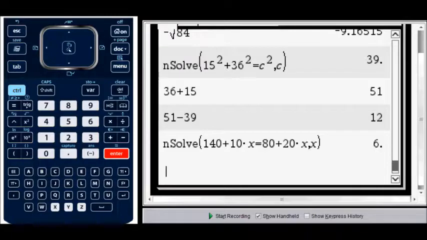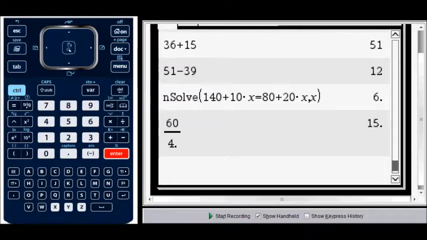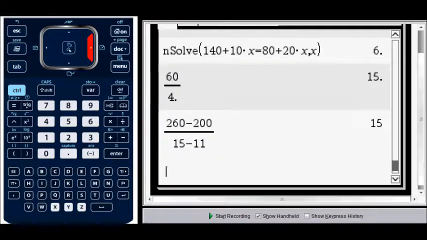Alright, I'm going to do the first one. We have 60 over 4. I'm going to put a decimal after it because I want to make sure I get a decimal value in case it's not a whole number, and it's 15. Then if I did it the other way, y2 minus y1 over x2 minus x1, I'm going to put my fraction bar, parentheses, and I got 260 minus 200 over 15 minus 11, and I'm going to hit enter, and we get the same thing.